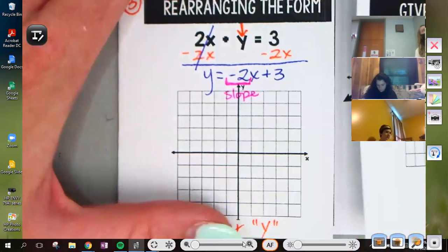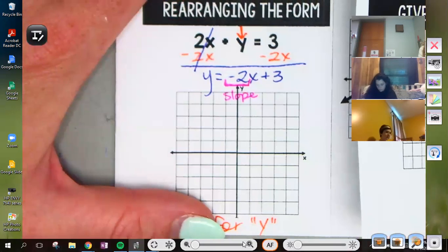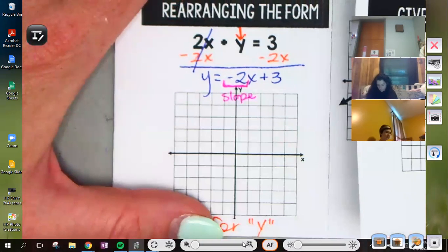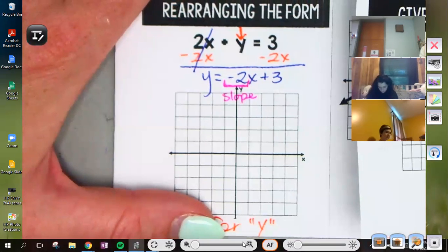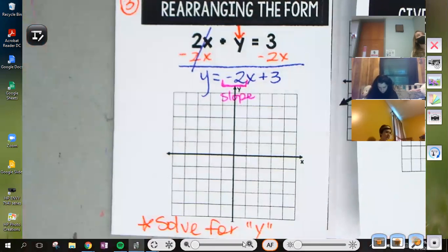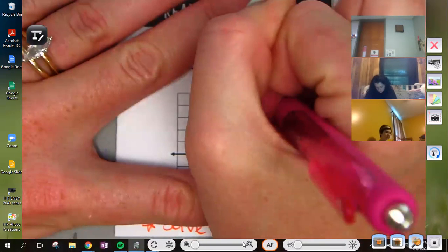Caden, how did he know? Because there was an x at the end. Yep. The number in front of your x, the number that's paired with your x, is always your slope. Now which one is my y-intercept? Macy? Positive 3 is my y-intercept.